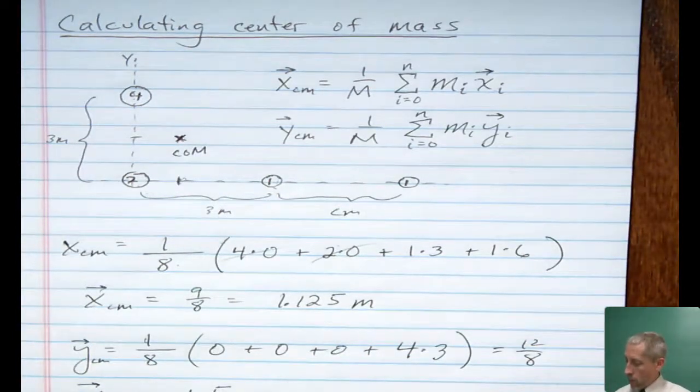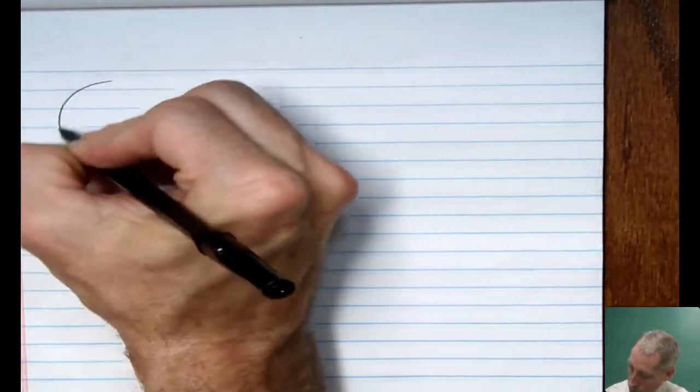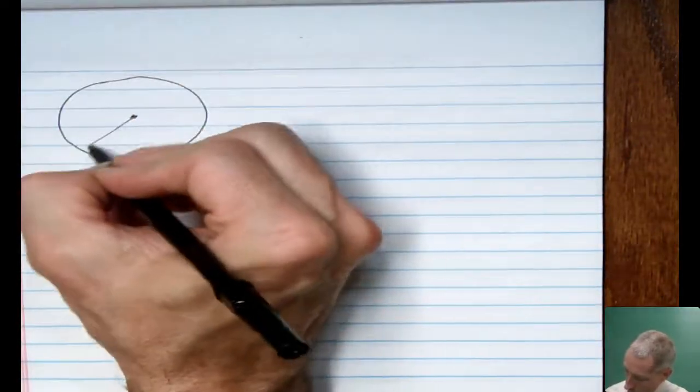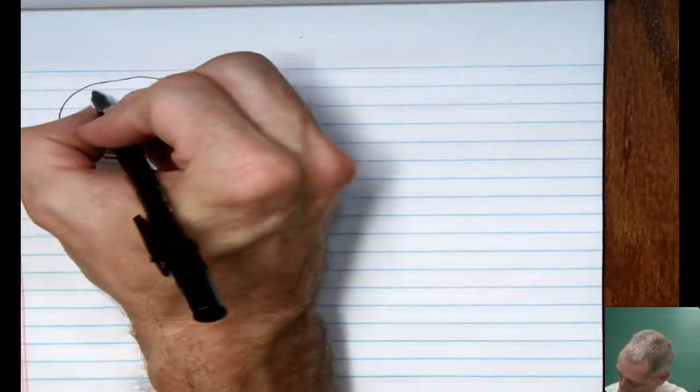So what other form could this take? Well, imagine we have a disk with a radius of, let's say, 5 meters, and the disk will be 4 kilograms.